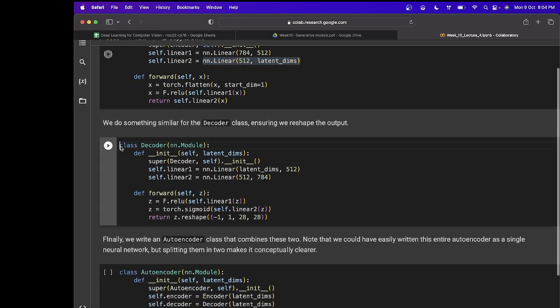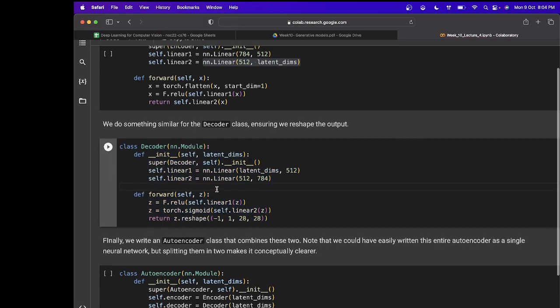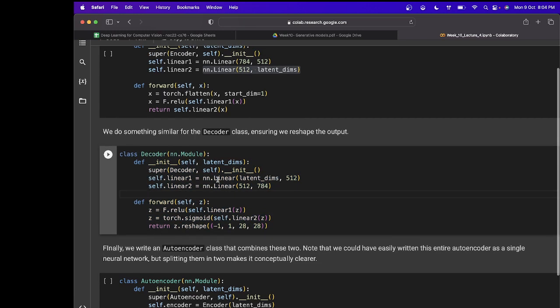Similarly, the decoder also is very simple. The decoder's input is that 128 dimensional vector. So you are going backwards now. You start with 128, go to 512, then from 512 you go to 784, right? And that is what happens in the forward function as well.